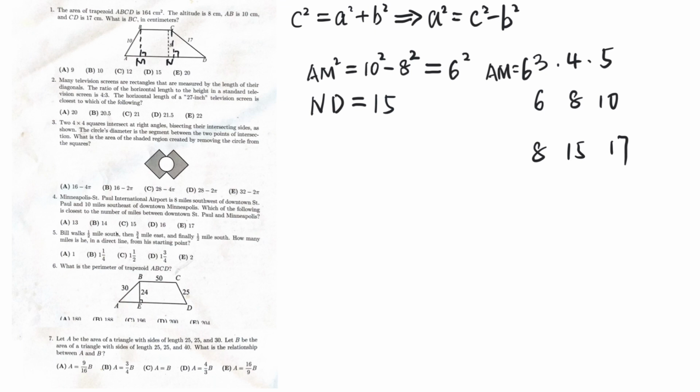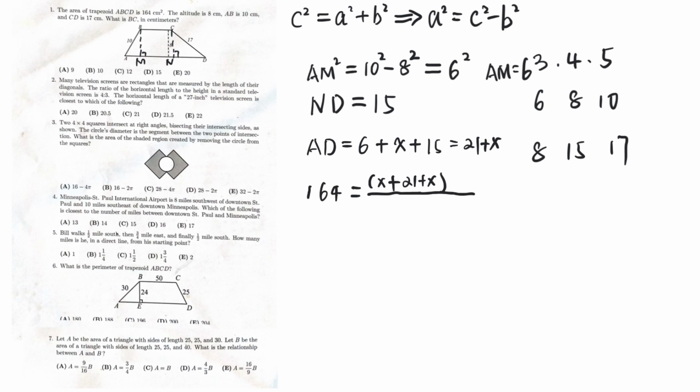Now we have AM and ND. So AD equals AM, 6, plus MN, which we suppose is X, plus ND, 15, which equals 21 plus X. Given the area is 164, the trapezoid area equals base 1, X, plus base 2, AD, which is 21 plus X, times height, which is 8, divided by 2.